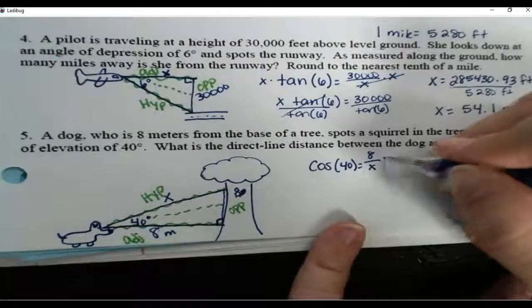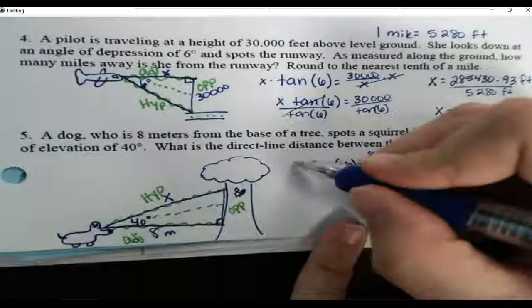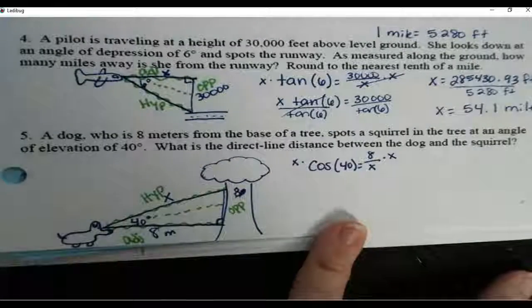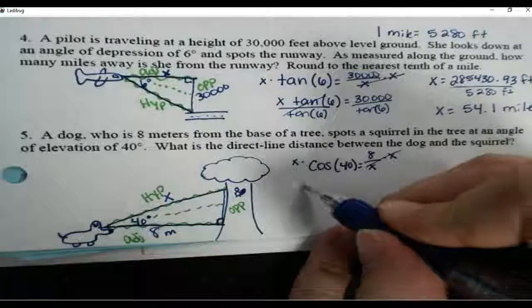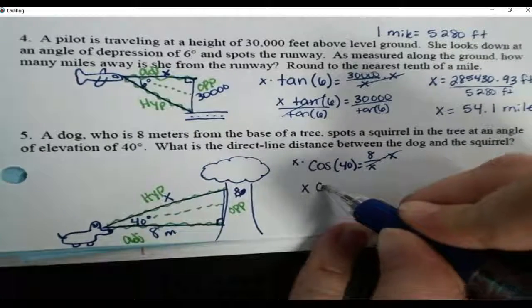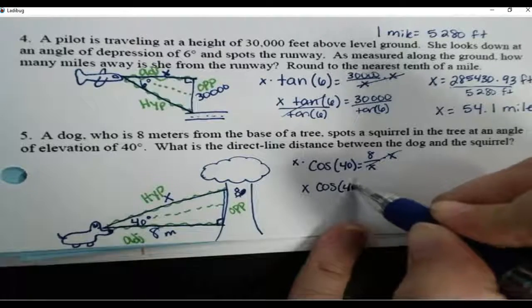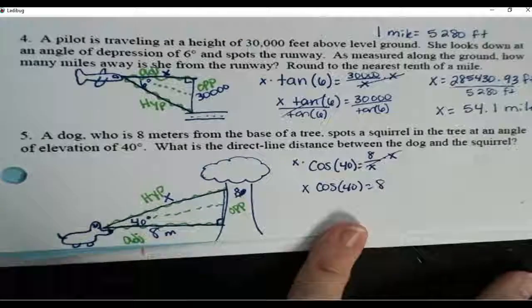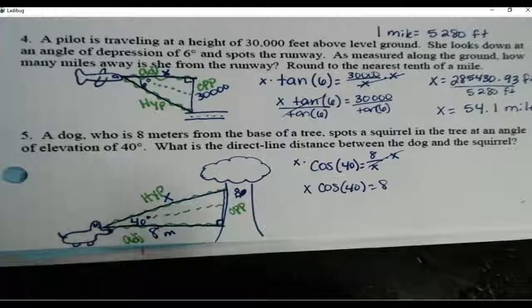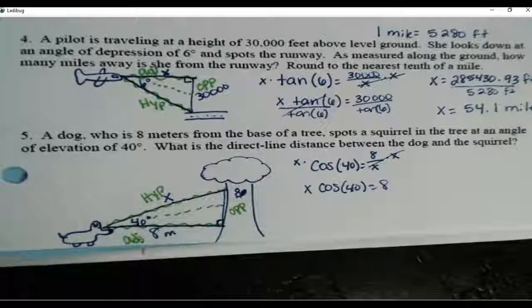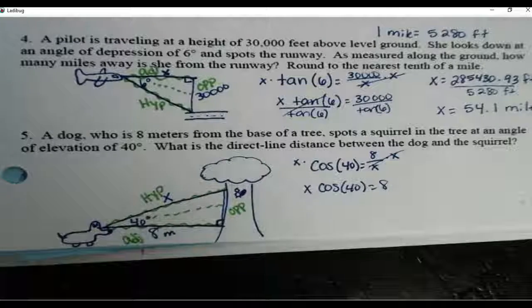And then we multiply both sides by x. So that gets rid of that on the right. So we have x cosine of 40 equals 8. And then what's my last step?